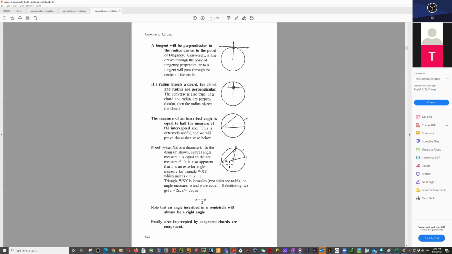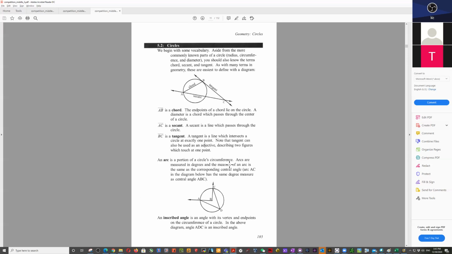The inscribed angle is 1/2 of the center angle. I'm going to send you the homework, try to practice on it, and do as much as possible. I think that should conclude today's lesson. Have a nice day, everyone.